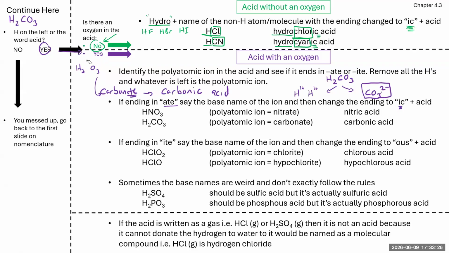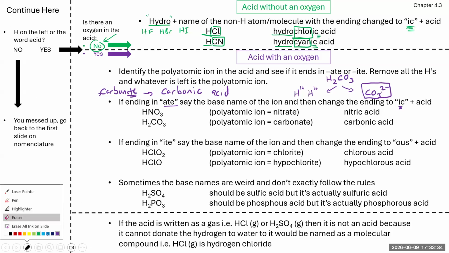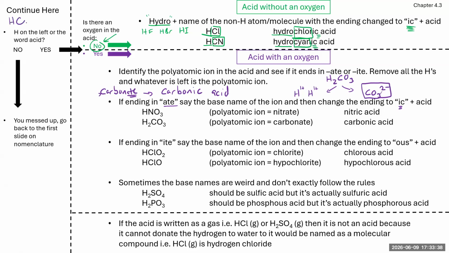All right, let's try another one. Let's scrap a little bit of this. Let's start over. Let's do something like HClO2. Okay, is there an H on the left of the word acid? Yes.